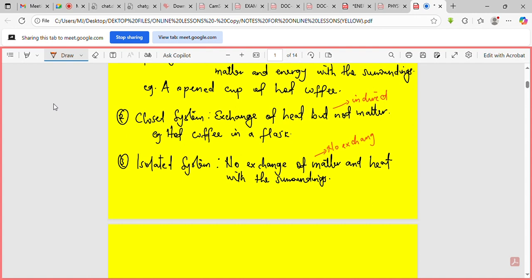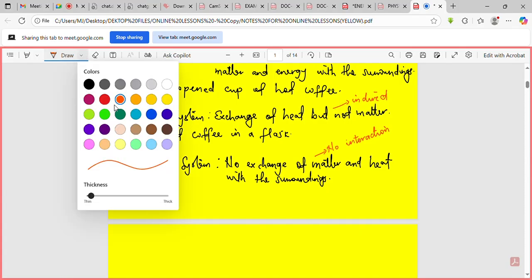So you can meet this in section A. Why is an isolated system described as having no direct interaction? That's because there is no exchange of matter and heat. So here there is no interaction, absolutely no interaction.